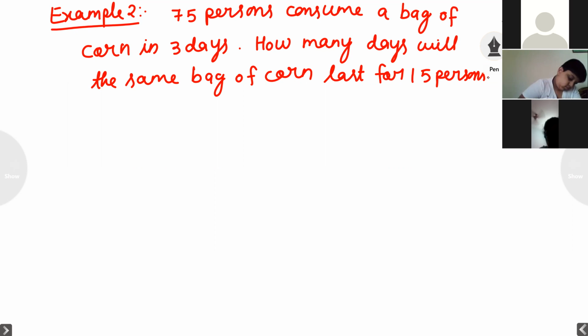Now I have given a trick to you. Which one will we write first? Which one second? How many days is asked, which means the days will come on the right side and persons will come on the left side.